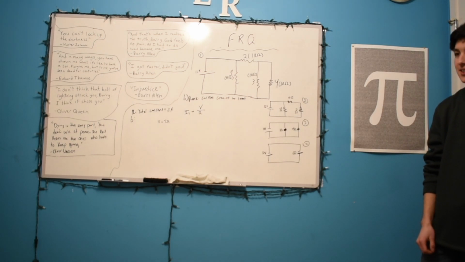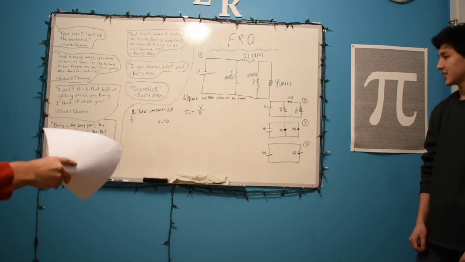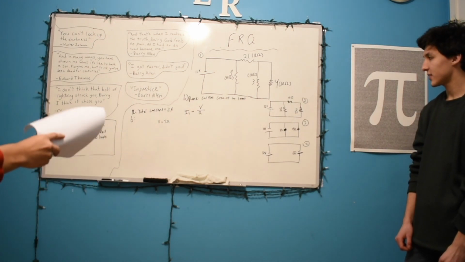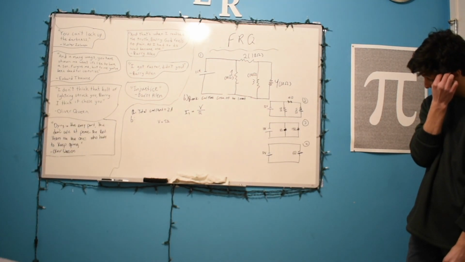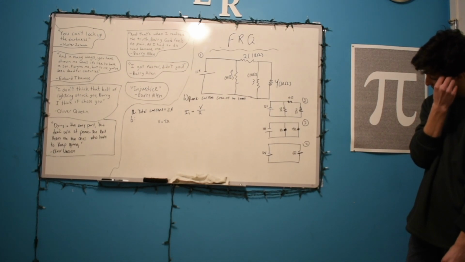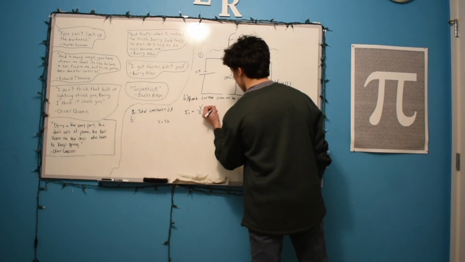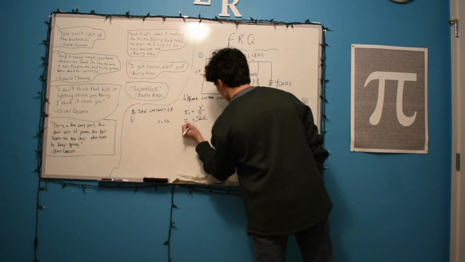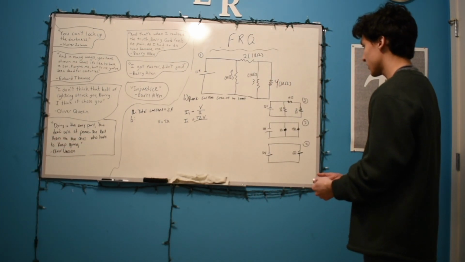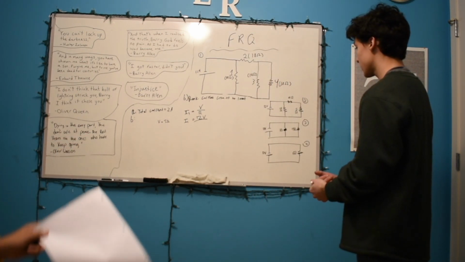Yeah. So in that parallel, the 10 ohm and the 15 ohm resistors each have a voltage of 12 volts, which is the total. So you can plug in 12 volts for V, and then the resistance is just the resistance of that resistor, so 10 ohms.